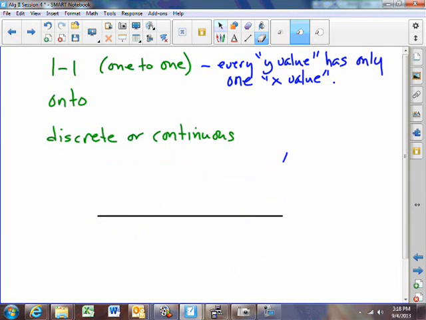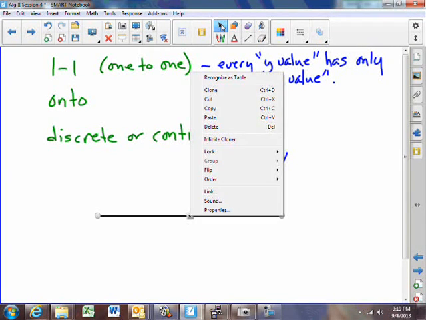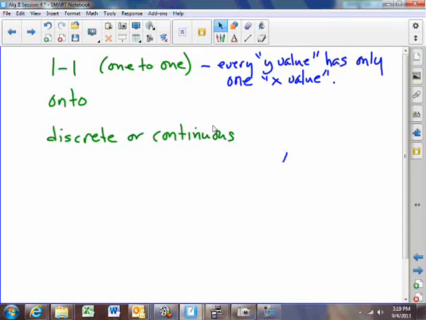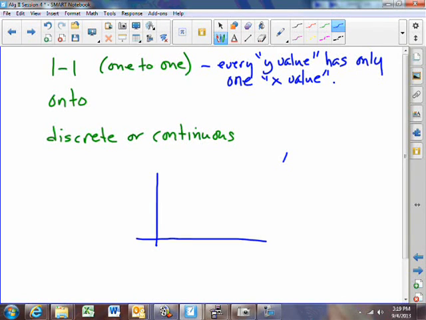Onto, right? We'll get rid of that. Okay, now, if you have a graph, and let's say it starts up here, and it goes down like this and keeps on going, we would say that this graph is onto the real numbers, because every y, no matter where you go with y, will have an x.